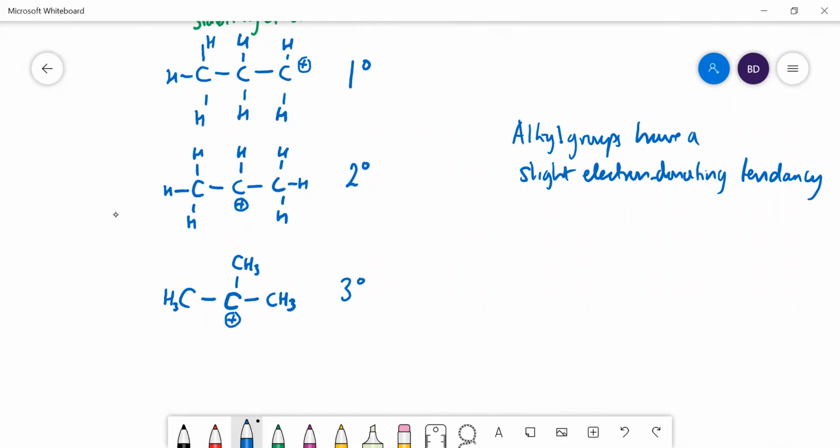If you look at this one, you've got 1 alkyl group. Quite often I draw a little arrow like that. That means this alkyl group is pushing a little bit of charge away from itself into the carbocation. That makes it slightly less positive there. So 1 alkyl group donates charge.